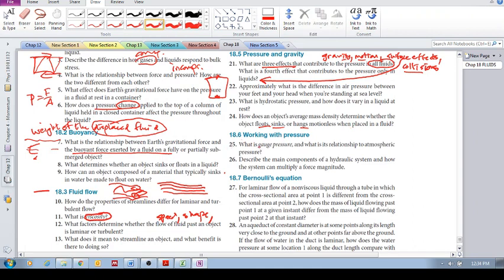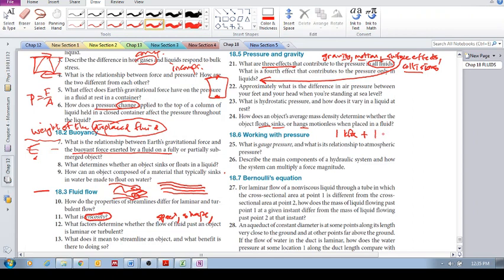Okay. 18.6. What is gauge pressure and what is the relationship to atmospheric pressure? Gauge pressure is simply the pressure in excess of atmospheric pressure. So if you've got a device and you measure a gauge pressure of say 1 kilopascal, then the actual total pressure is, you need to add atmospheric pressure, right?